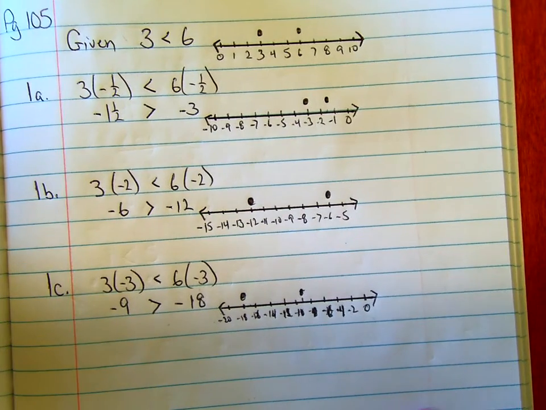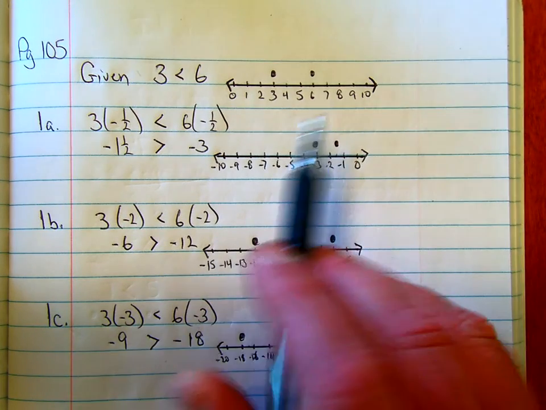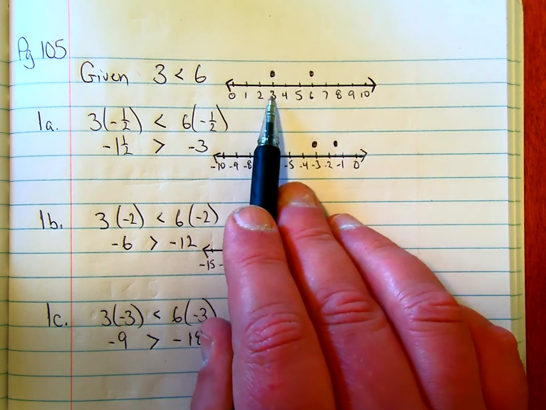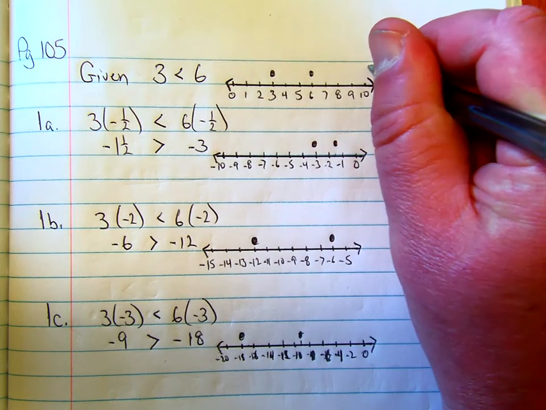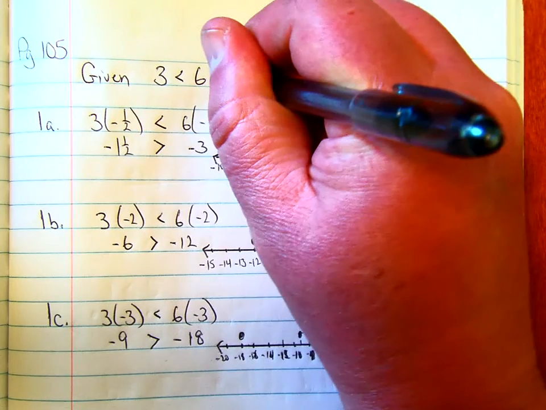They give us, again, 3 is less than 6. That hopefully is extremely obvious. If I put them on a number line, 3 and 6, again, this is the larger side of the number line, the bigger or the larger, and this is the smaller.